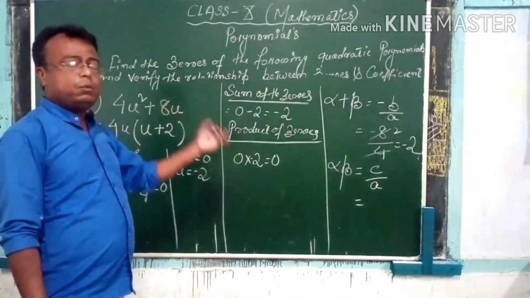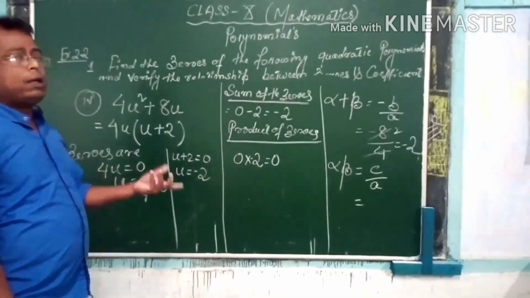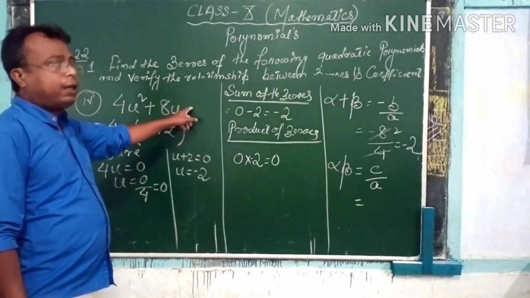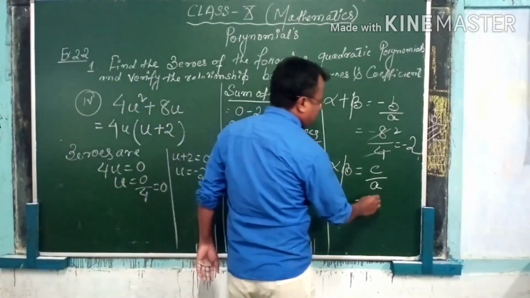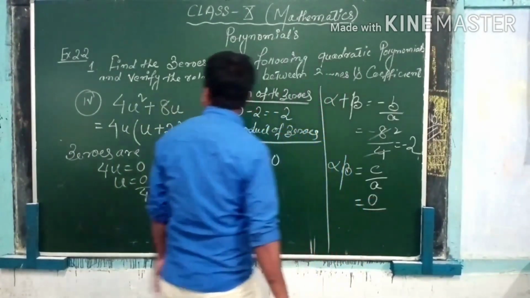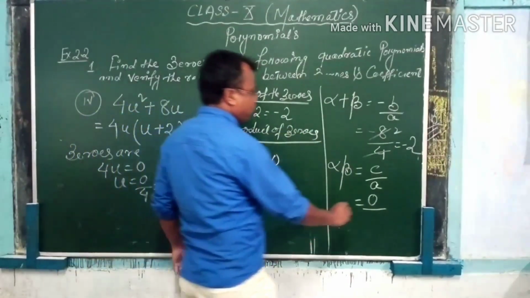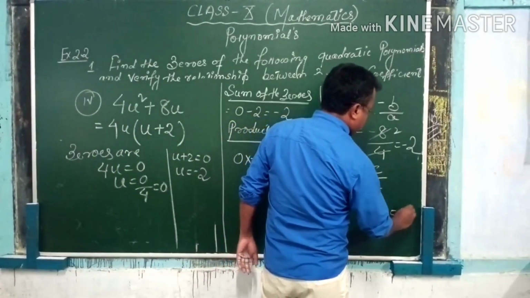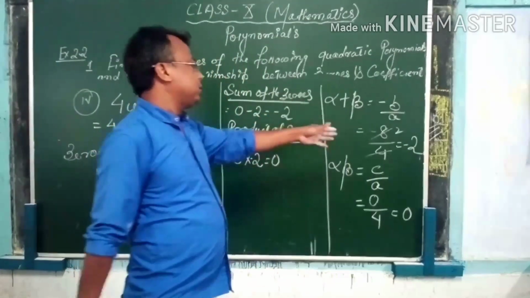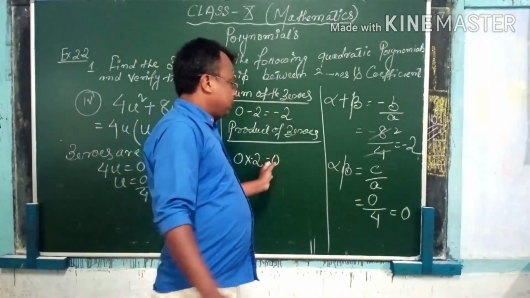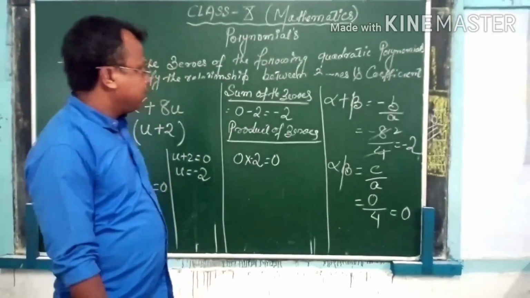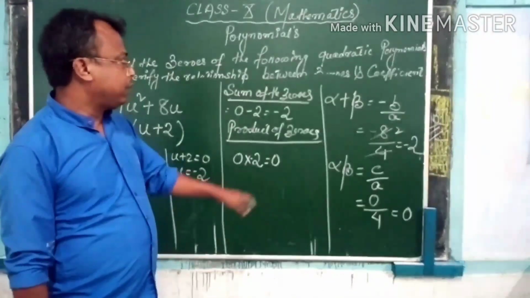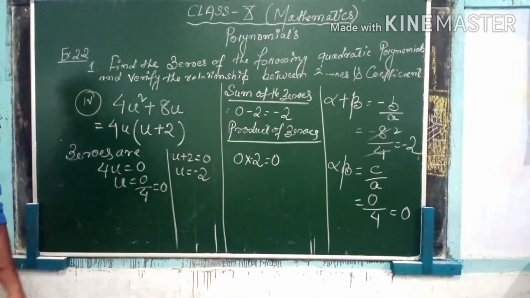If any term is missing here, you suppose that one is 0. So in place of c, you can write 0. Then a is 4. So it is equal to 0. I am getting the same answer, minus 2 and 0. So hence verified. Like this we can solve this type of question.